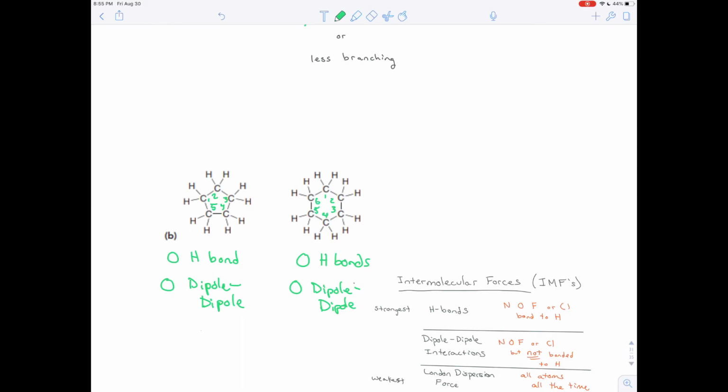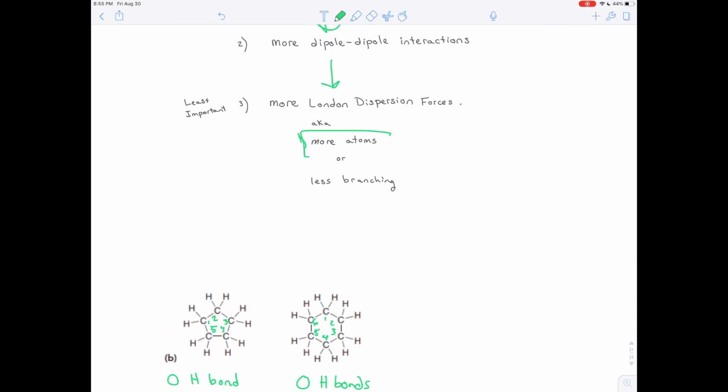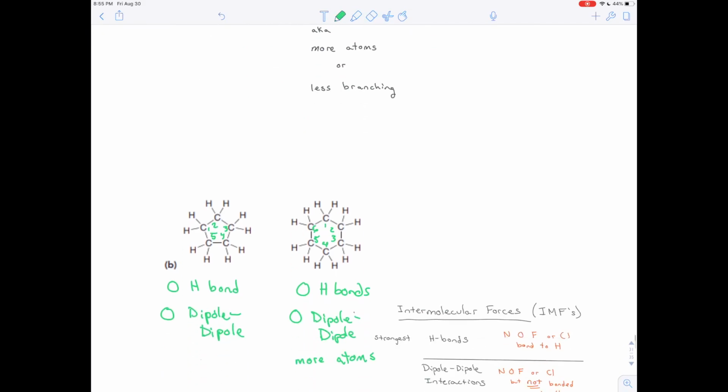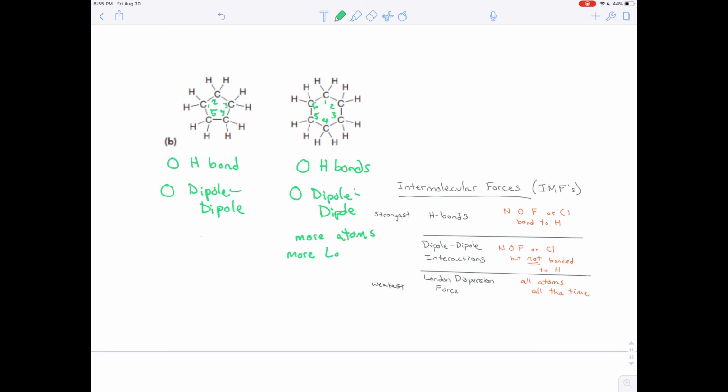Each carbon comes with 2 hydrogens, so this molecule on the right has more atoms, and therefore the molecule on the right has more London dispersion forces, and so a higher boiling point. So the molecule on the right would have a higher boiling point.